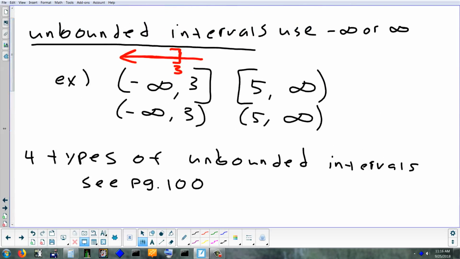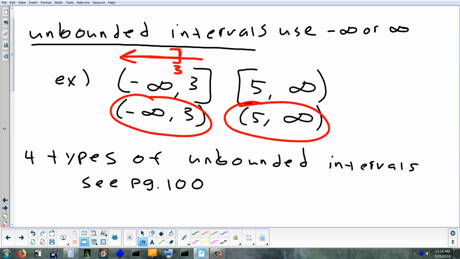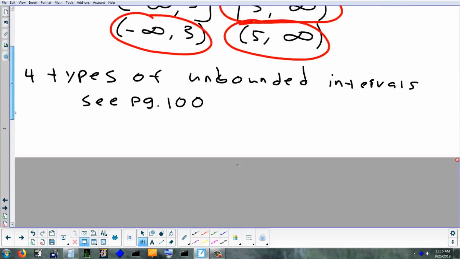Could you have an unbounded, open interval? Unbounded, fully open. Yeah, that's right here. Or here. Could you have an unbounded half open? Yep, unbounded half open. Right there. It's half open, half closed.